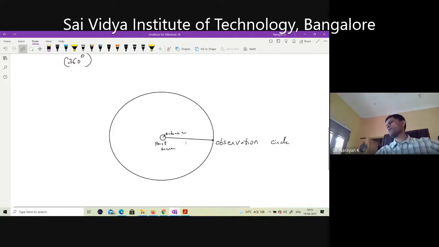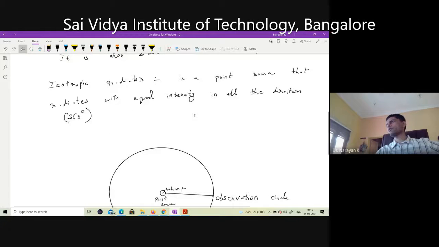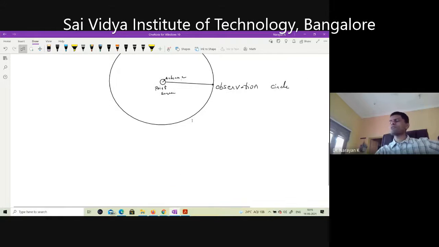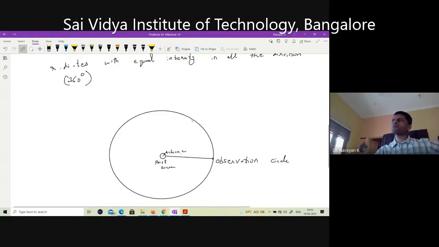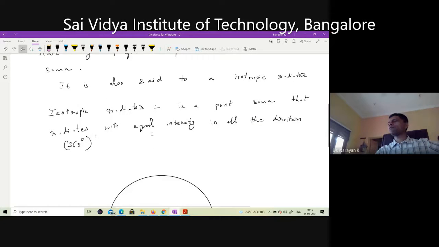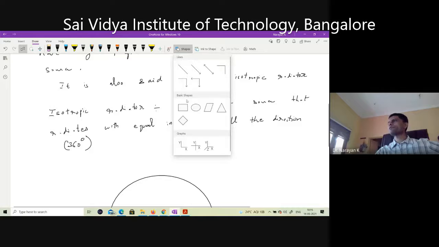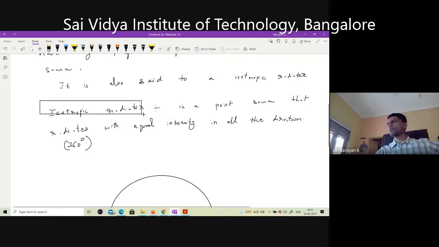When you are seeing from a very large distance, this is very small as compared to this one, and it does not have any specific shape and size. Any point source will radiate with equal intensity in all directions, 360 degrees. That is known as your isotropic radiator. This is a very important concept. An isotropic radiator is a point source which radiates with equal intensity in all the directions without any bias.